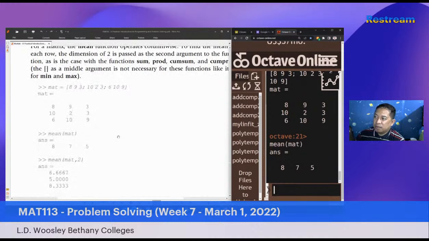Now we could compute also for just the 2. Kasi I think that's the second. Tingnan natin how this works, no?